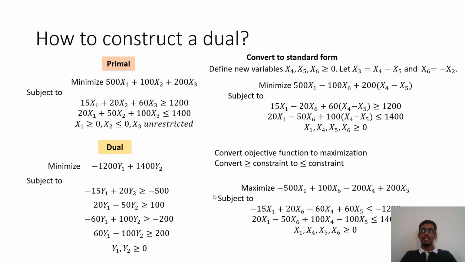I will quickly then jump into having a special case where you had a equal to constraint. 2x1 plus x2 is equal to 400. So you need to convert this constraint to a less than or equal to type in order for you to solve further.